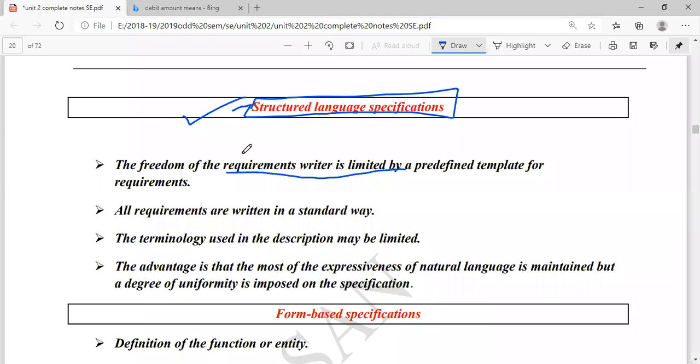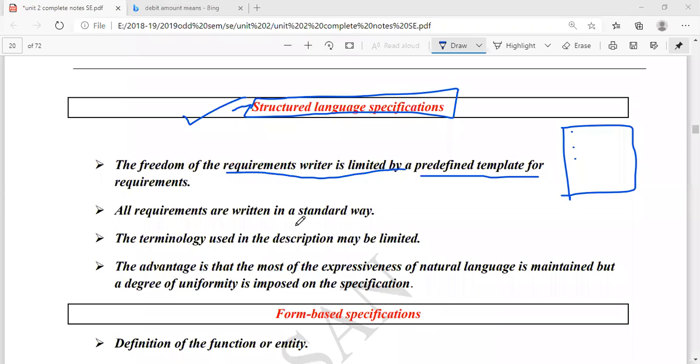It means you have to write according to the template which is predefined. So we have one format, okay, we have one specific format saying 1 2 3 4 and 5. So according to that format only you have to write those requirements in that black book.